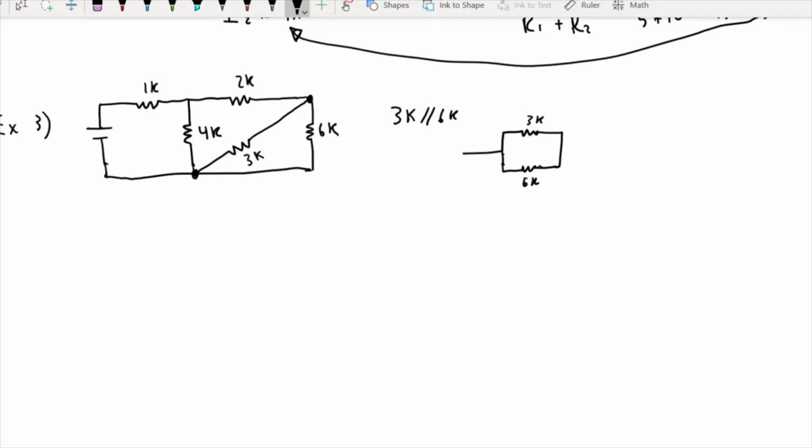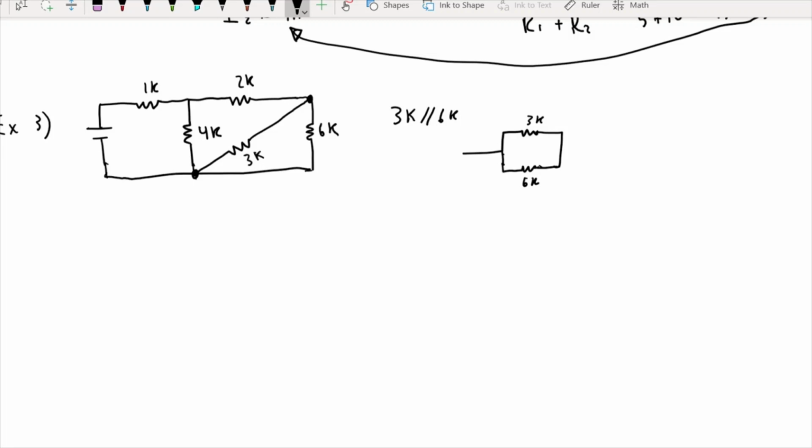A lot of people would disagree, but I think that's the best way to do it, just because most of the time you're going to be asked to solve for a specific current. And if you have all the circuits redrawn, it's easy to backtrack and solve for that current rather than have only two circuits drawn and have to redraw something else. So let's start this problem.